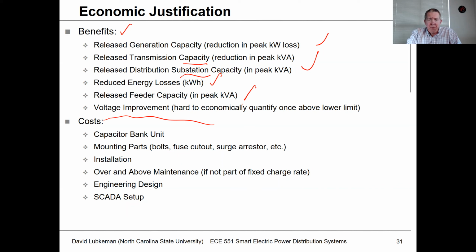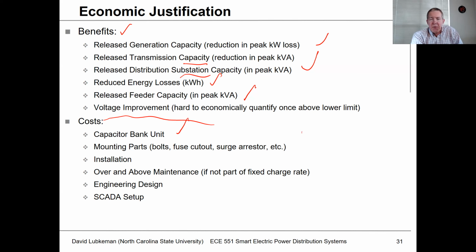So you have all these different benefits, and a utility could actually calculate a dollar value associated with them. What we're comparing that to is the cost of the capacitors. And obviously there is a cost of the capacitor bank itself, the cans mounted on the frame.